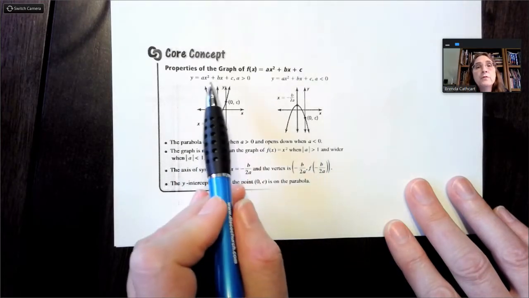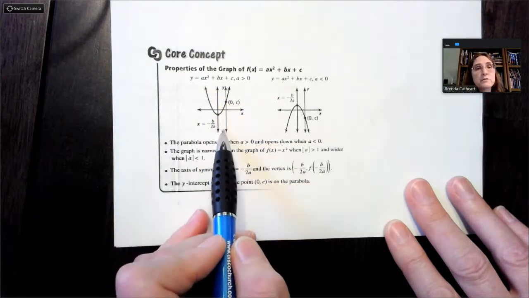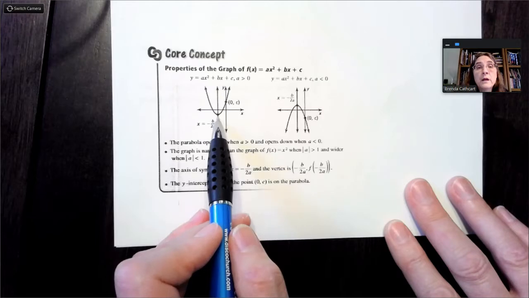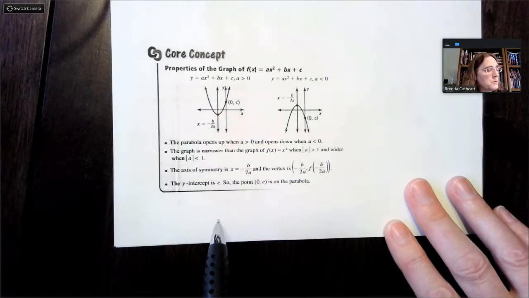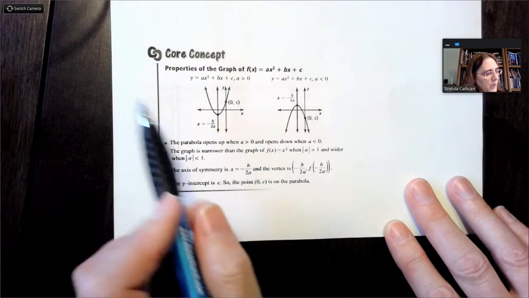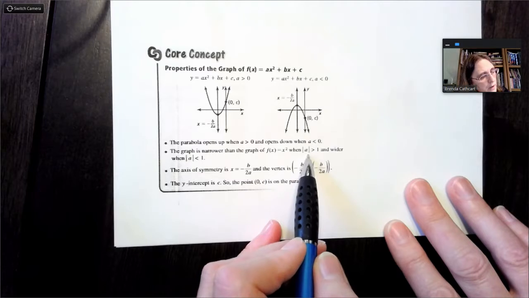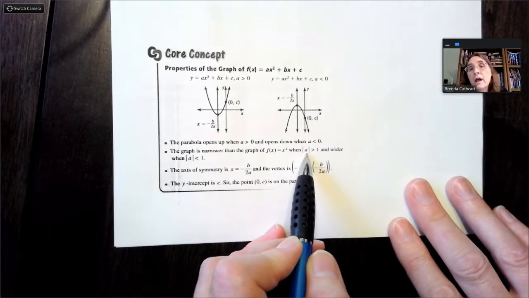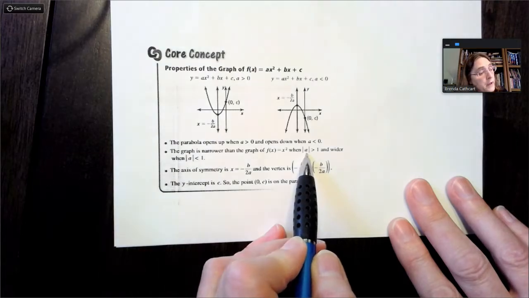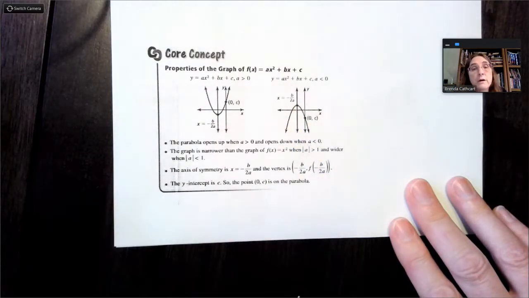If the absolute value of a is greater than 1, numbers like 2, 2.5, 3, our graph is going to be steeper than y equals x squared. The same is true in opening down. If our a is like -2, -2.5, -3, it'll open down, but it will also be steeper than the graph of y equals x squared.